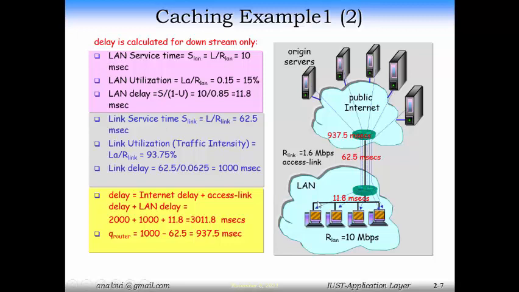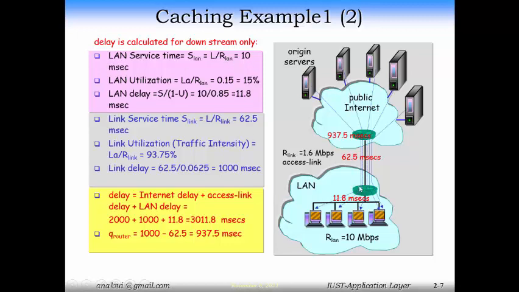In my LAN, I know that the transmission rate of the LAN is 10 megabit per second, and my response objects have a length of 100,000 bits. So simply I divide L by R of LAN and the result is 10 milliseconds.